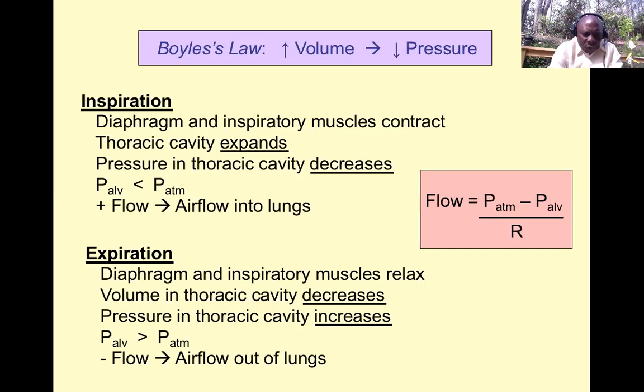Therefore the volume of the thoracic cavity decreases, the pressure increases, and the partial pressure of the alveolar is greater than the pressure of the atmosphere. So air moves from the alveoli out into the atmosphere.